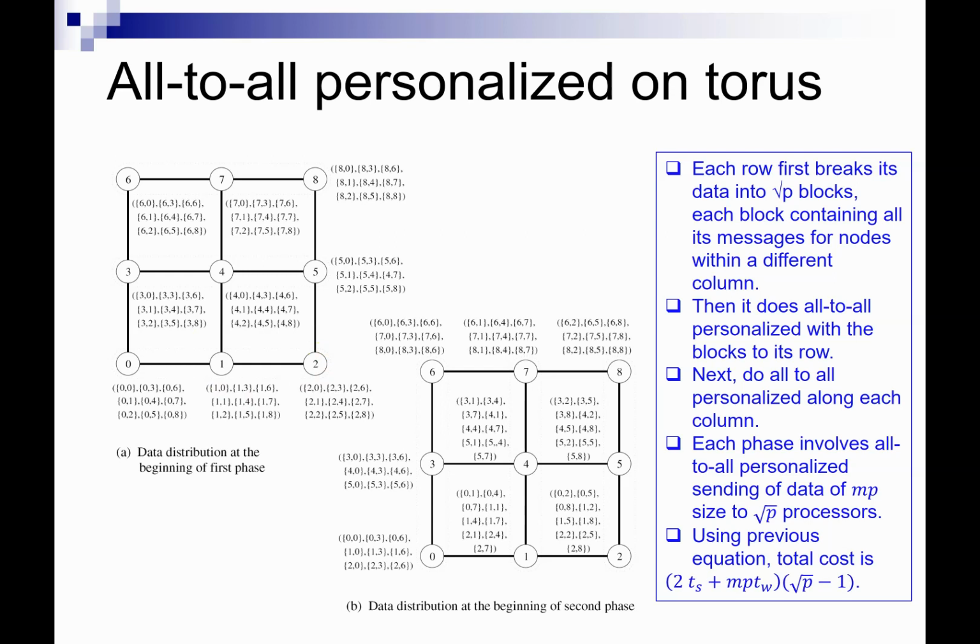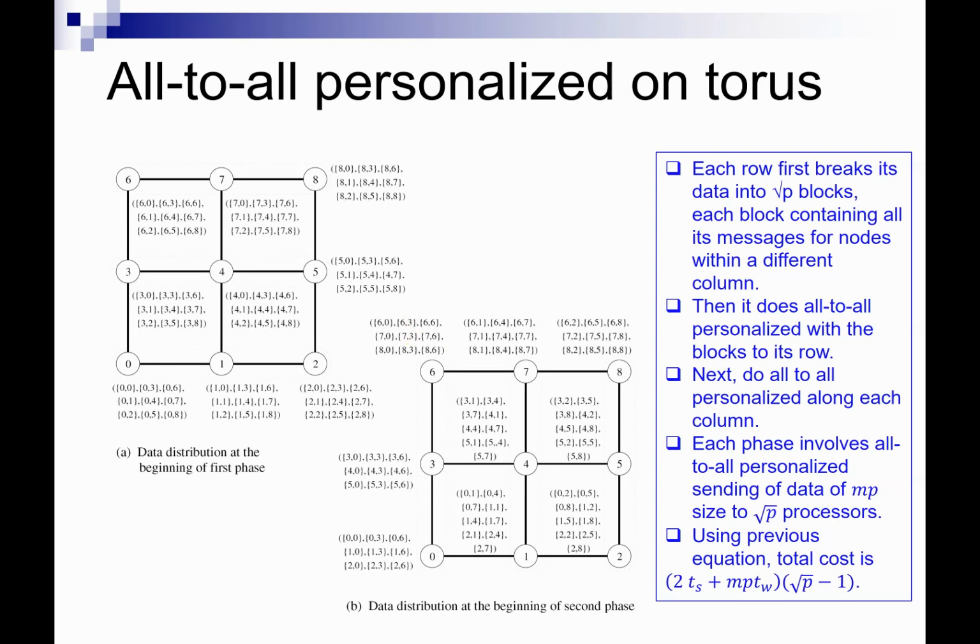Now, what data are we going to send in the first phase? We know that we're doing all-to-all personalized on the rows, but what we want to accomplish in the first phase is to get all of the data that we need to send in the second phase.